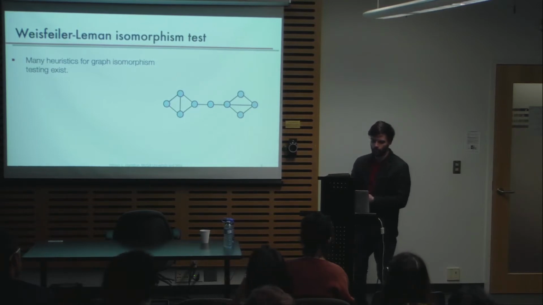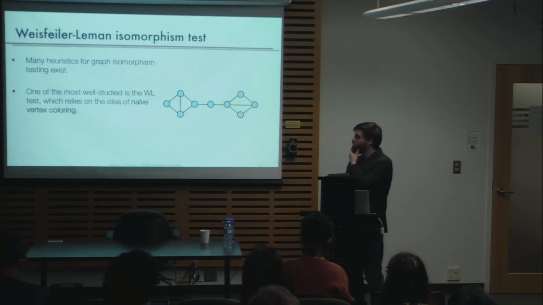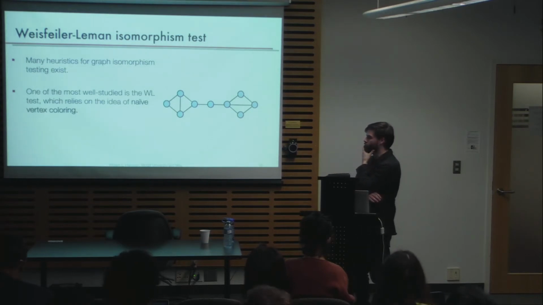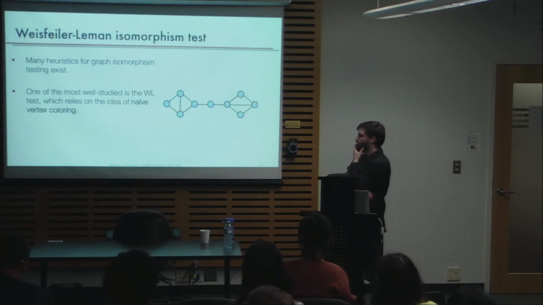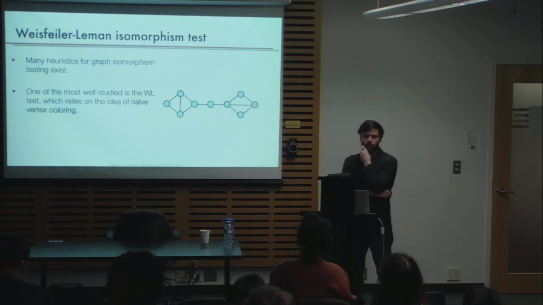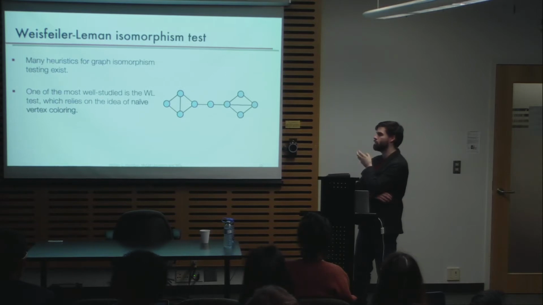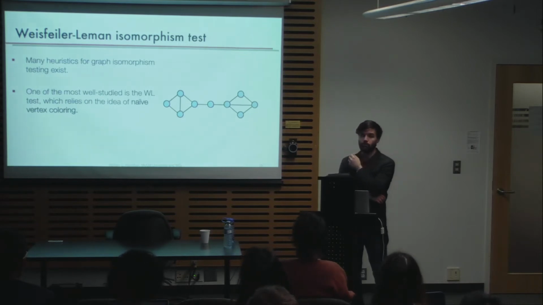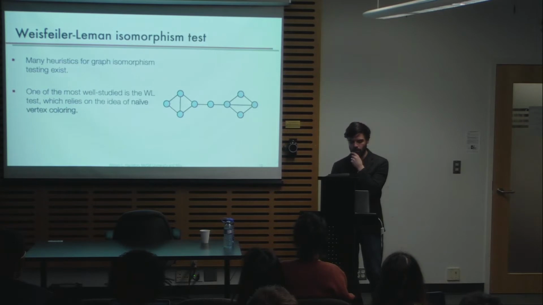This is one of the most studied versions of trying to do graph isomorphism. The algorithm is called the WL test. It's also been called naive vertex coloring. It's actually a relatively simple idea that is able to solve graph isomorphism in a wide variety of settings.